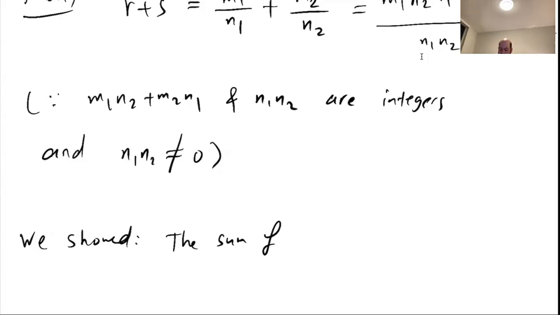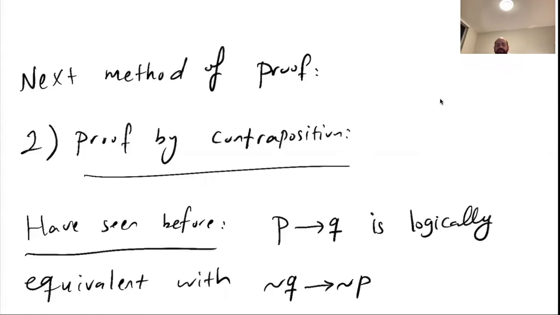What is the contrapositive of P implies Q? Negation Q implies negation P, right? So P implies Q is logically equivalent with negation Q implies negation P. So what does that mean? That means instead of proving P implies Q, we can prove negation Q implies negation P because these are equivalent with each other. So instead of proving one, you can prove the other.